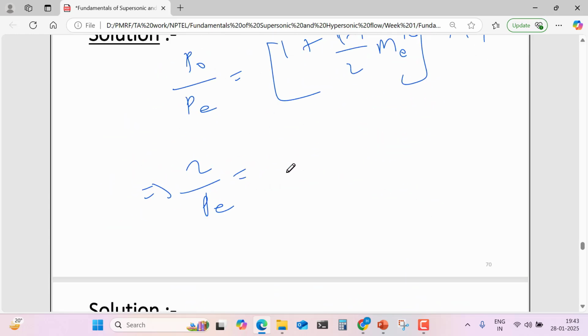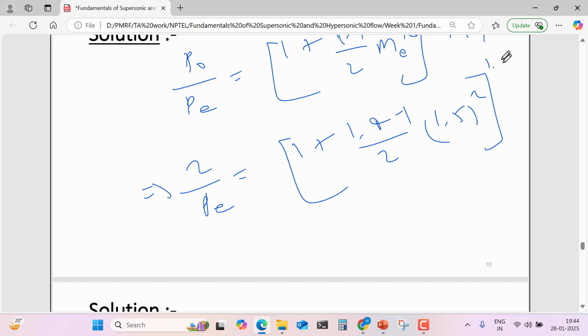To find PE, gamma is 1.4, M is 1.5, and the exponent is 1.4 upon 0.4. We'll put this value in the calculator. It is 3.671.